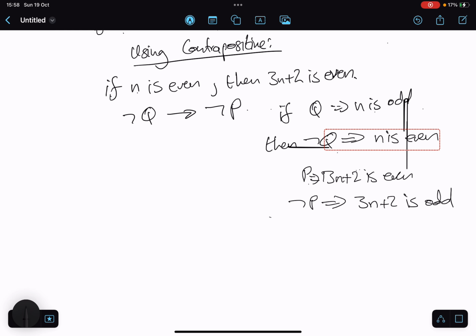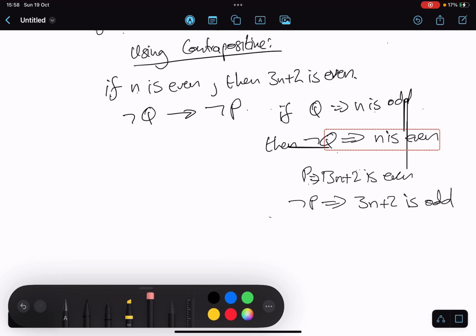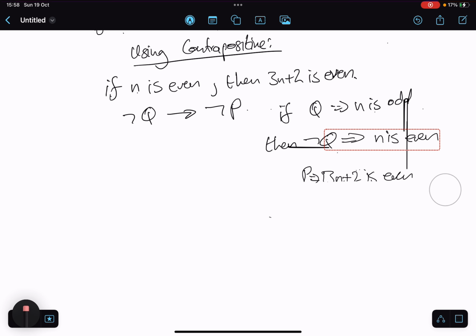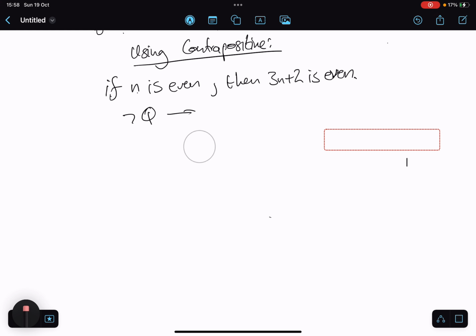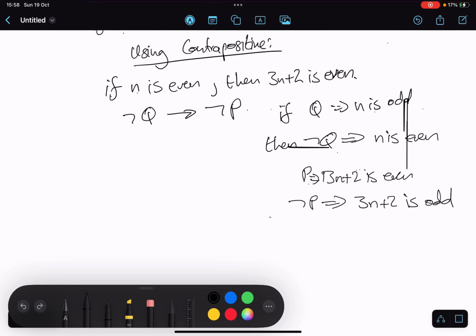Now, after you have written your contrapositive statement, you need to write your hypothesis. You need to write your hypothesis.